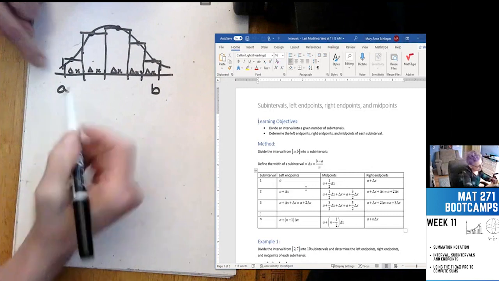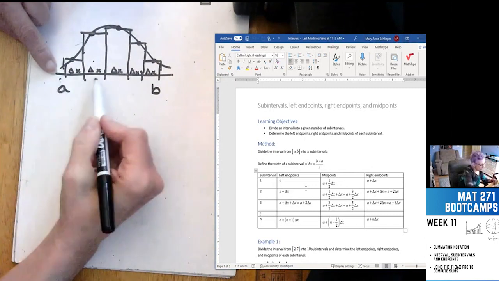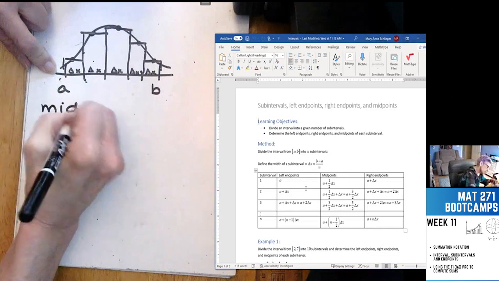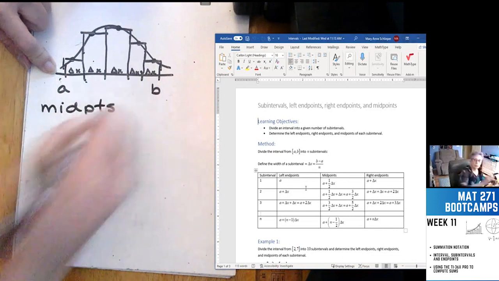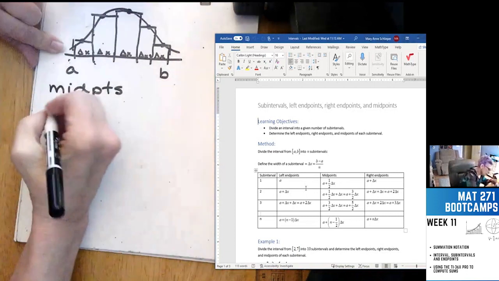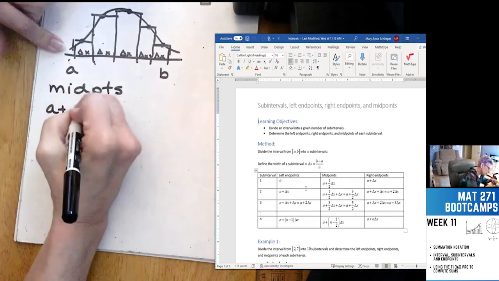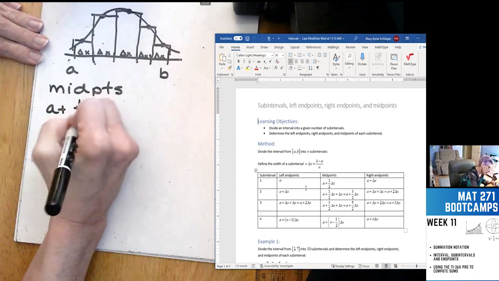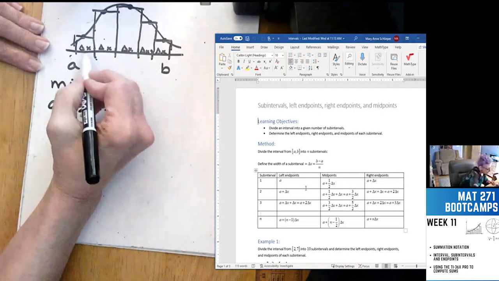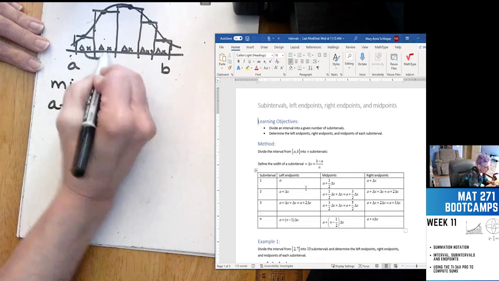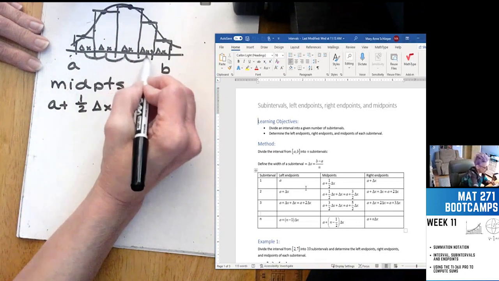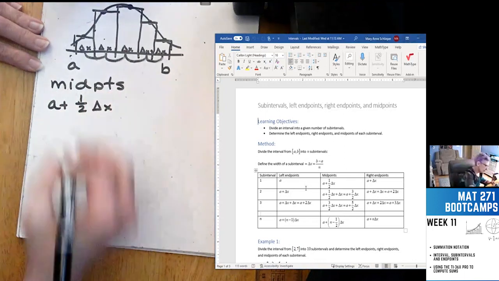So instead of starting at A or at A plus delta x for midpoints, we start half of delta x to the right of A. So A plus 1/2 of delta x. But then after that, to get to the next midpoint, we add delta x, we add delta x, we add, and we add.